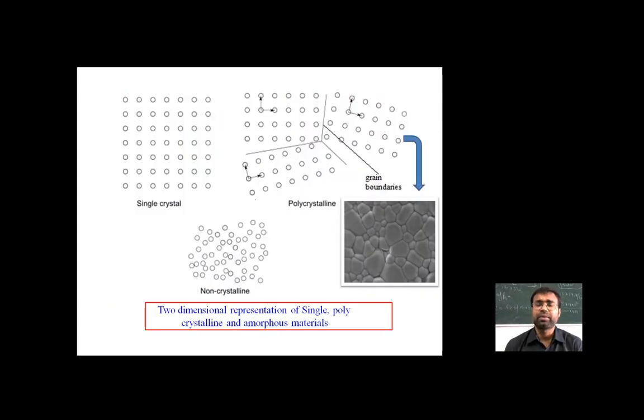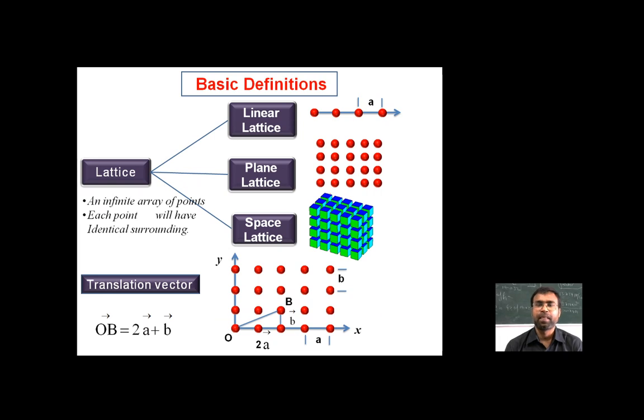So you can see the figure of the single crystal, polycrystal, and non-crystal, as we discussed in the previous lectures also, so we will not go into the detail. These are the basic lattice structures, that is the example of linear structure, plane structure, and the space lattice.